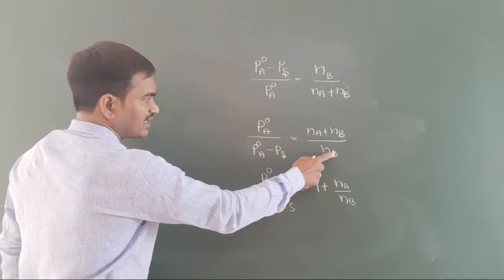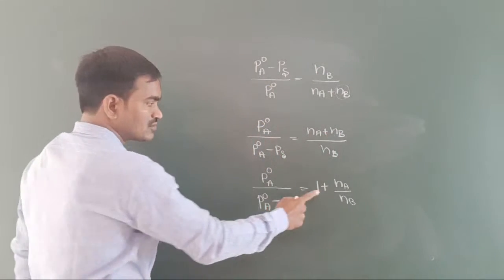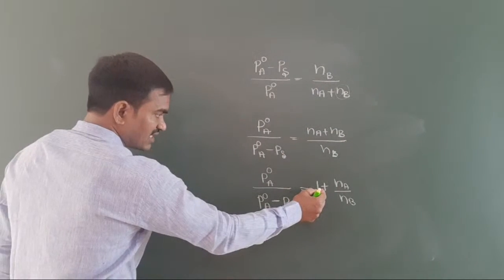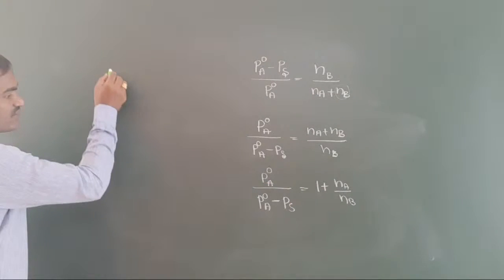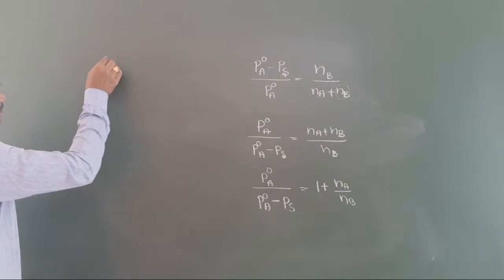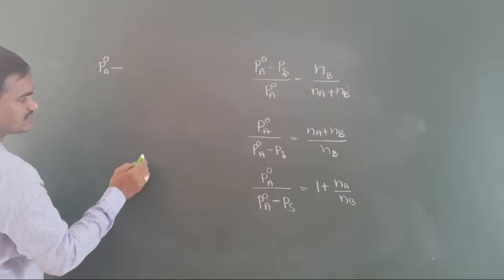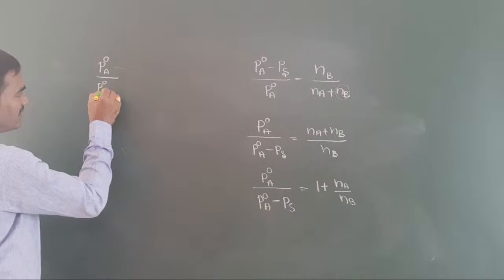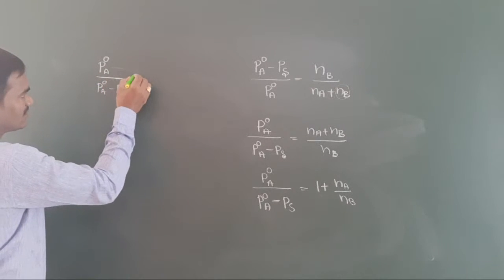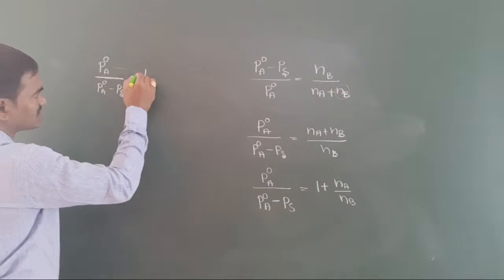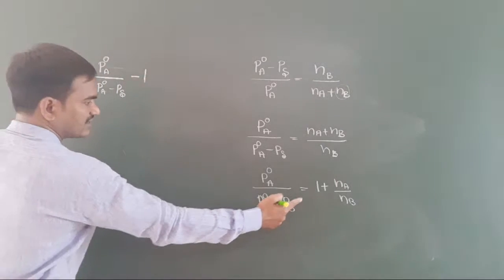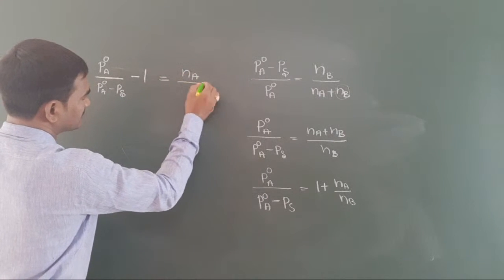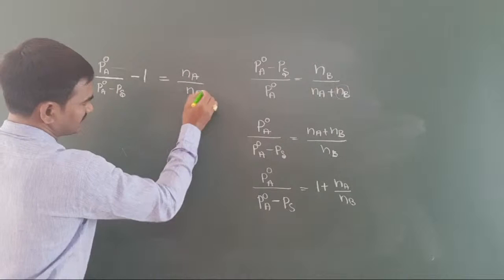After that, NB by NB is equal to 1. So 1 plus NA by NB I have taken. This 1 comes to this side. So here you can take P naught A minus PS, minus 1, because plus 1 on that side is coming to this side, becoming minus 1, is equal to NA by NB. Have you got it?